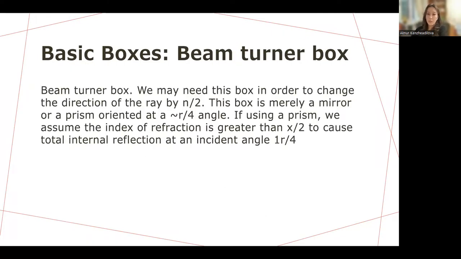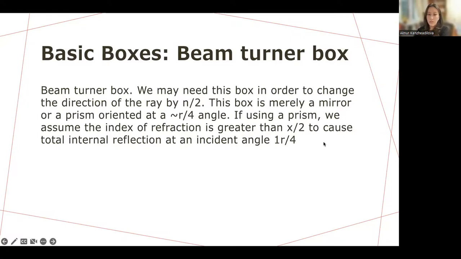There is also a basic box, the beam turner. We may need this box in order to change the direction of the ray by a half turn. This box can merely be a mirror or prism at this angle.